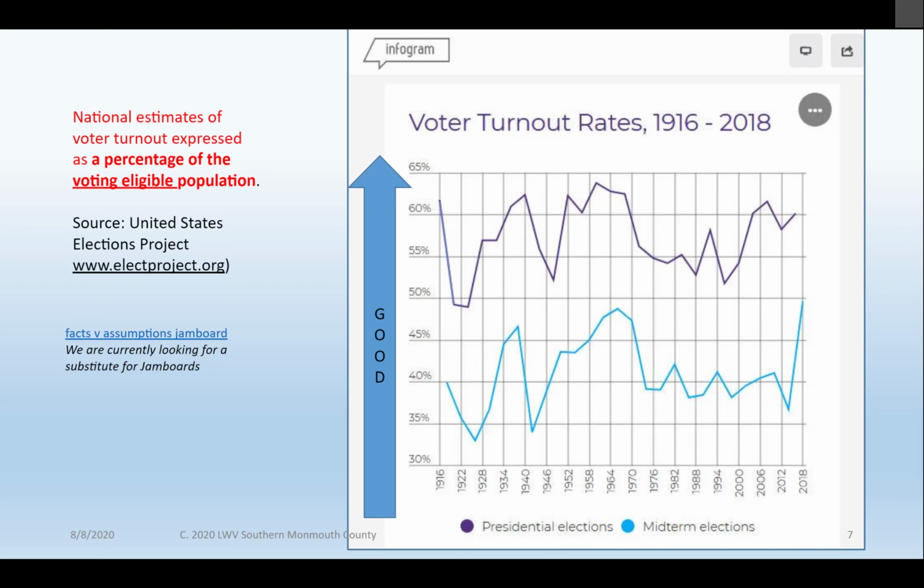So look at 2018, which was a midterm election, and look at the percentage of turnout. What is it? 50%. And it's the highest it has ever been. So that's another thing you can know for sure during those 100 years. Why might that be the case?